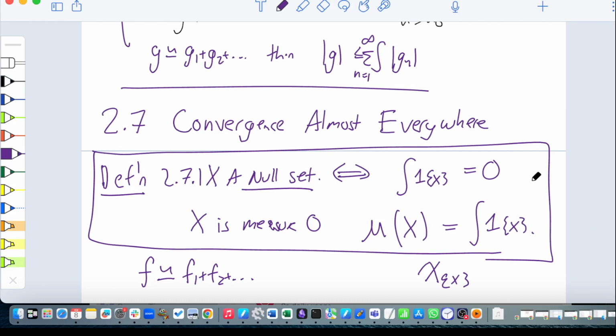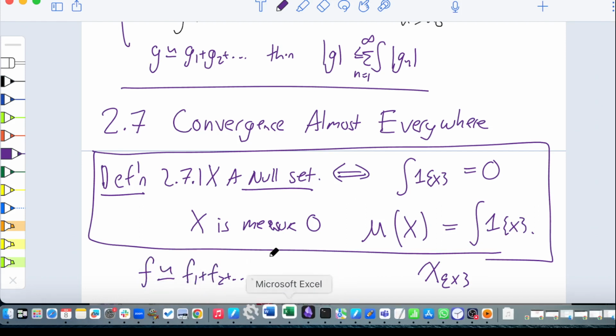Any other questions? Okay, so we have these null sets. What does convergence almost everywhere mean? It means convergence except for a null set. That's what the almost in almost everywhere means.